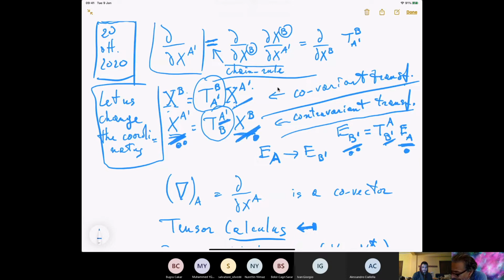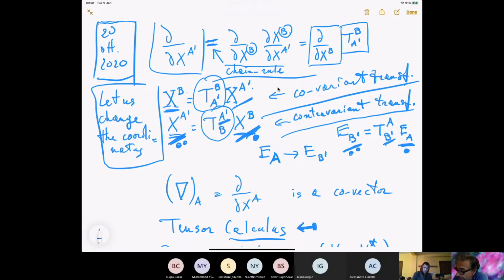Then you are left with this partial derivative, d capital XB over dx a prime. You must calculate the partial derivative of this linear function. Okay. And d capital XB with respect to capital X a prime is exactly TB a prime.